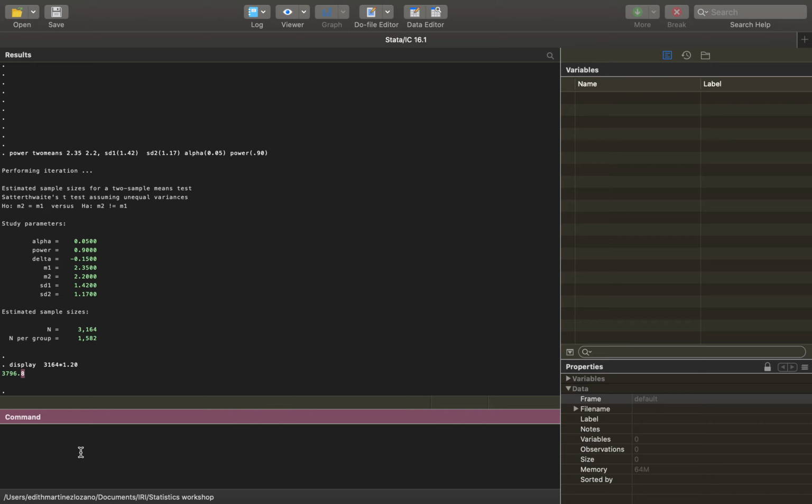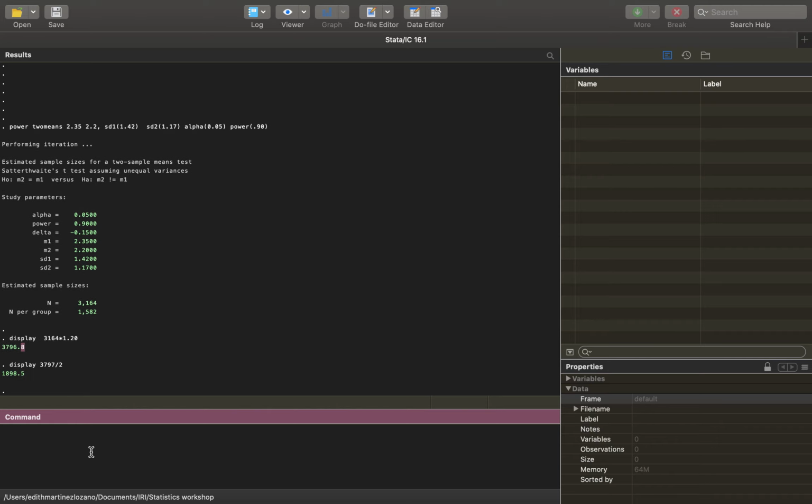If we want to know how many patients we will have per arm, we just do this number, 3,797, because we're rounding it up, divided by 2, and we get the number per arm, which is 1,898.5, and remember we have to round it up. And this is it. This is how we do the final calculation.